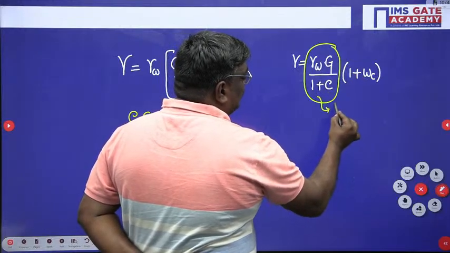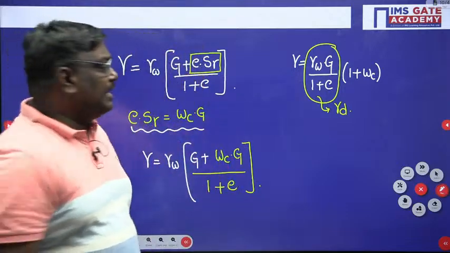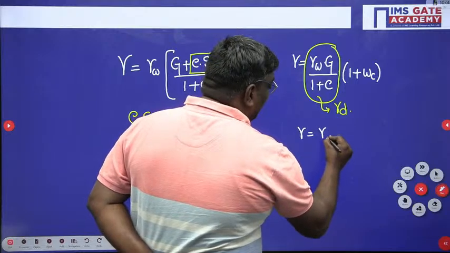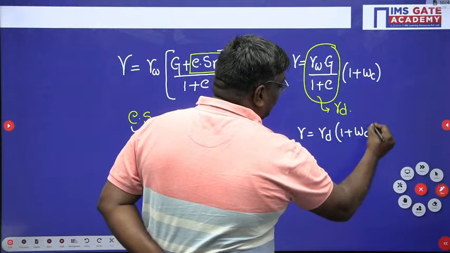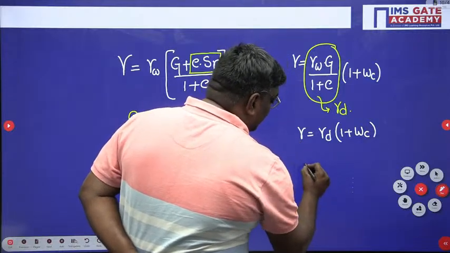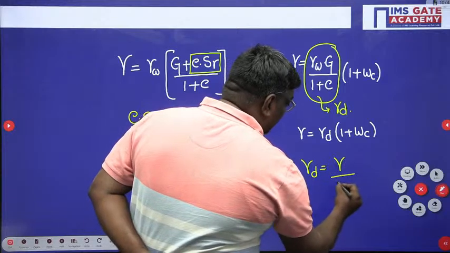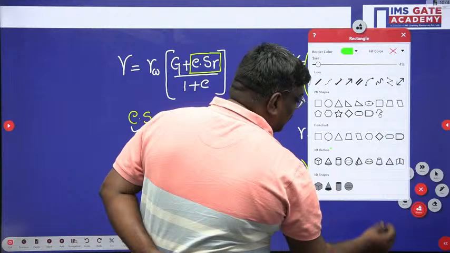What is this equal to? This is equal to dry density. So here you can write gamma is equal to gamma D into 1 plus water content. And here you can write gamma D is equal to gamma upon 1 plus water content.